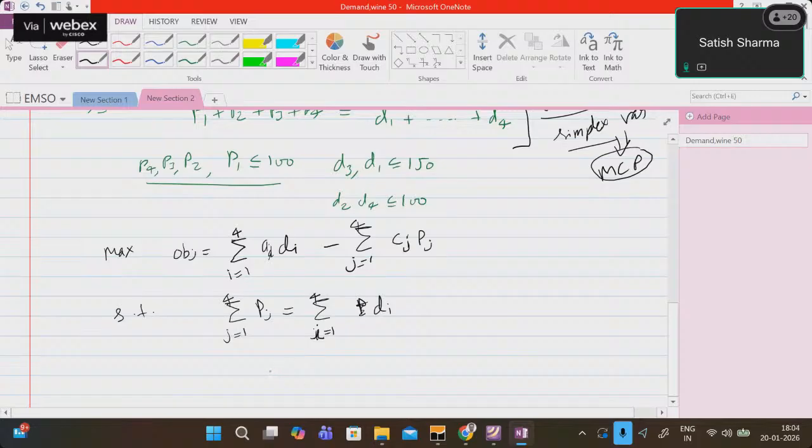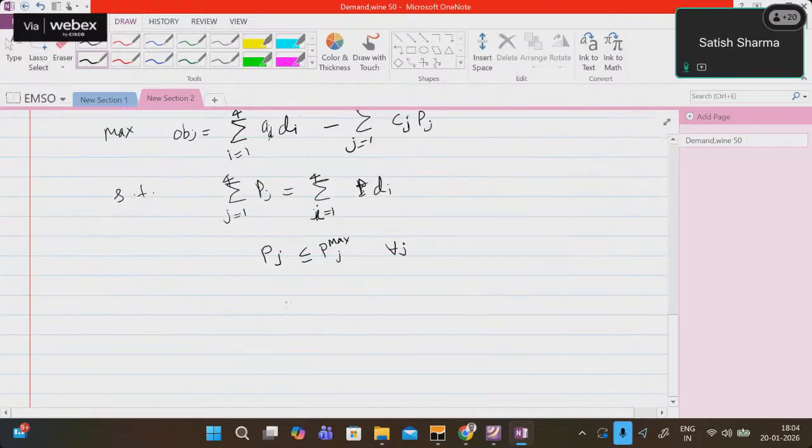So for limits I can put Pj less than or equal to some Pmax j, for all j. And another is we have demand as well.